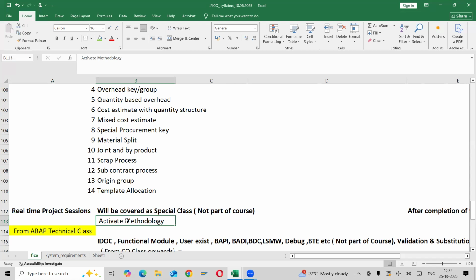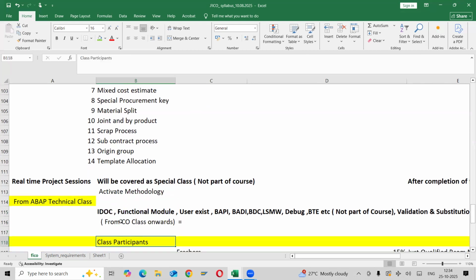I'll explain the difference and what the different methodologies are. As I said, this will be covered after completion of 90% of your FI syllabus. Different projects: what do you mean by migration project? What is a rollout project? Everything will be covered. As I said, it will take 55 to 75 hours of sessions.